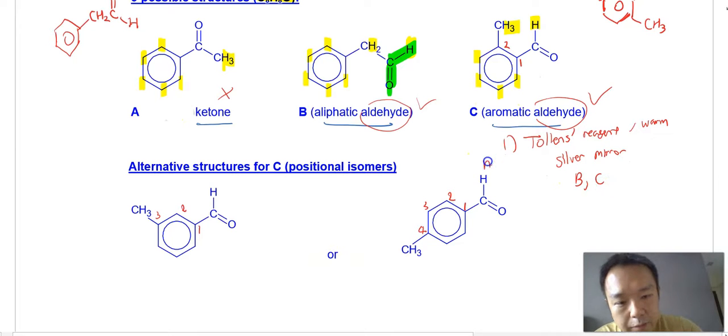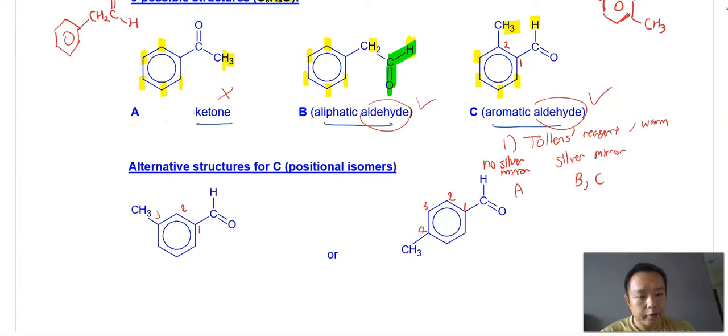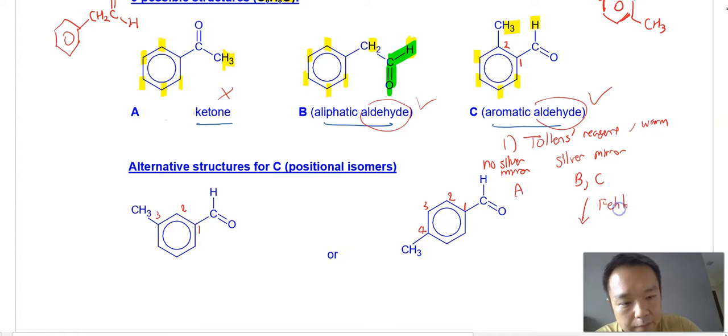For no silver mirror, we have our A. So in this case, how do I distinguish between an aliphatic aldehyde and an aromatic aldehyde, between your B and C? Now in this case, to distinguish them, I can consider doing my Fehling's reagent or Fehling's solution, and I warm.